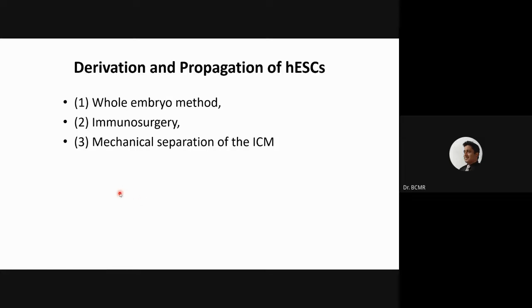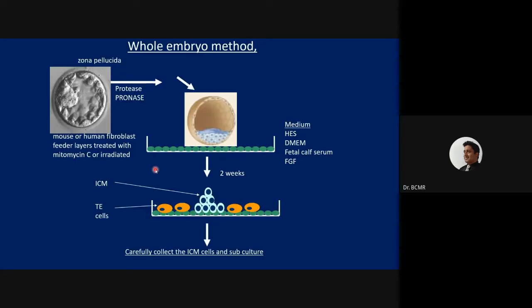So we were also discussing how to derive the embryonic stem cells. We discussed the whole embryo method, immunosurgery, and mechanical separation of the ICM. The whole embryo method is where we take the whole embryo, use pronase to get rid of the zona pellucida, and then put the naked blastocyst onto the feeder layer.